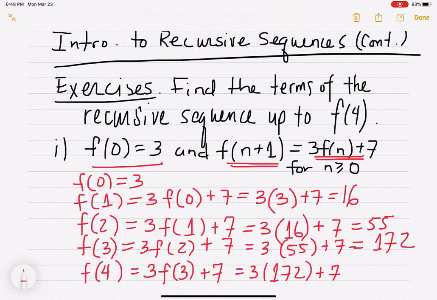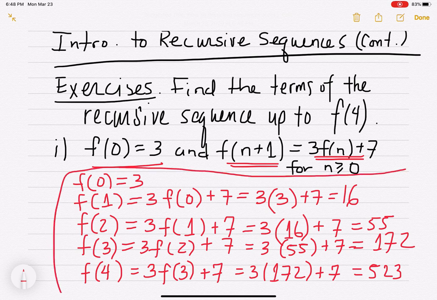That's 516 plus 7, which is 523. So there are the terms from 0 to 4: 3, 16, 55, 172, 523.